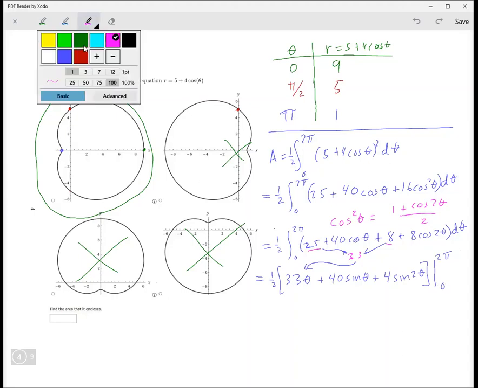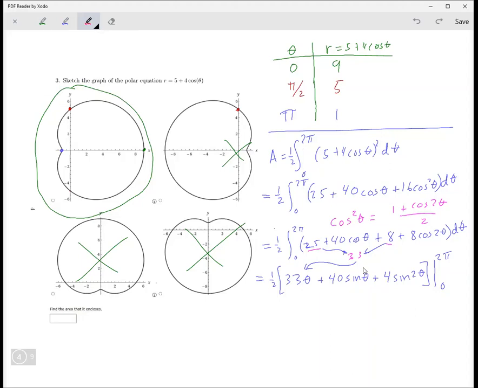Now, it's really nice at this point, because if you put 2 pi into here, sine 2 pi is 0, sine of 4 pi is 0, and the zeros also give you 0 and 0. So those ones are just going to be 0, because both the upper and lower limit give you 0.